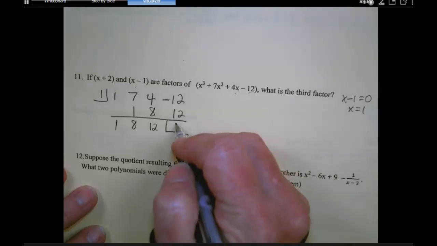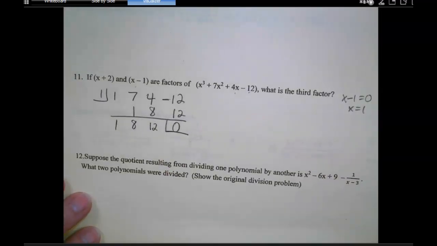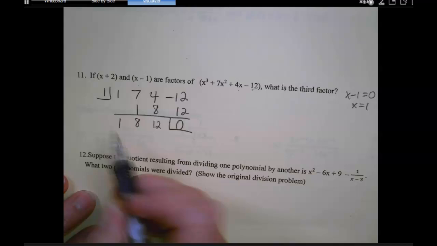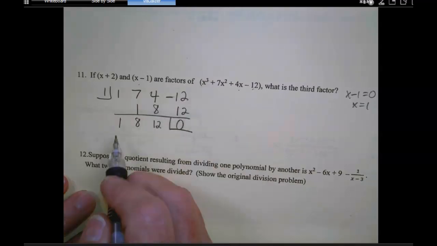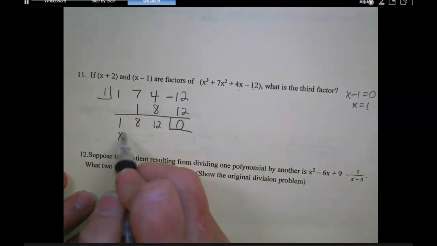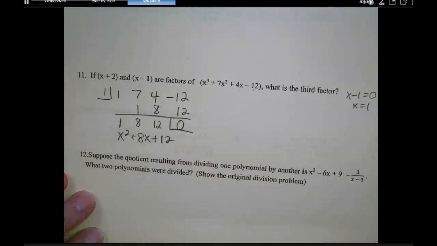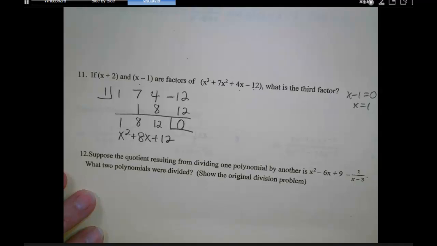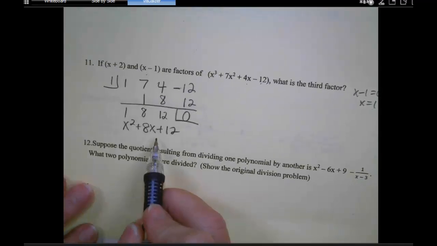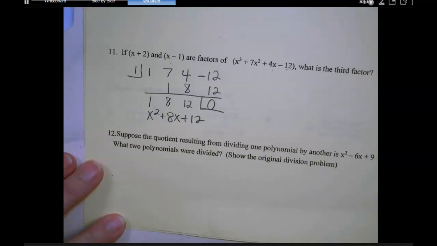When I multiply, and then when I add. So 1 is a factor. I started as x to the third, so if I'm going to write this, I would write it as x squared plus 8x plus 12. And then how do I factor x squared plus 8x plus 12?